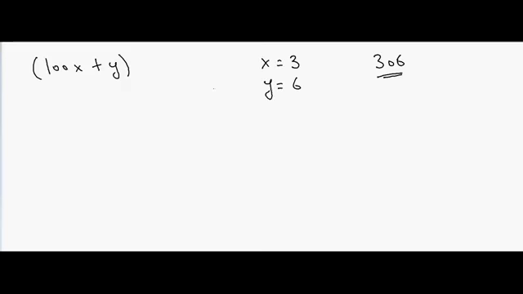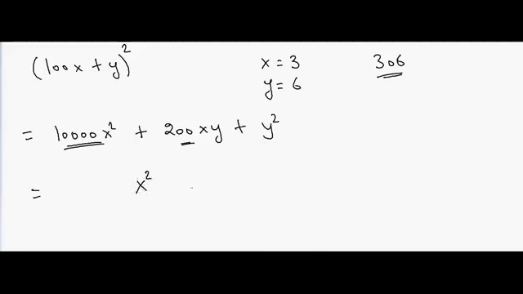Now if I need to square this number, it will be equal to 10,000x square plus 200xy plus y square. Now you can see that we have 4 zeros for x square, 2 zeros for 2xy, and no zeros for y square.